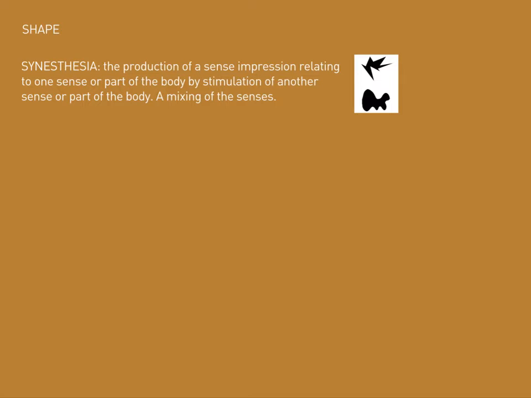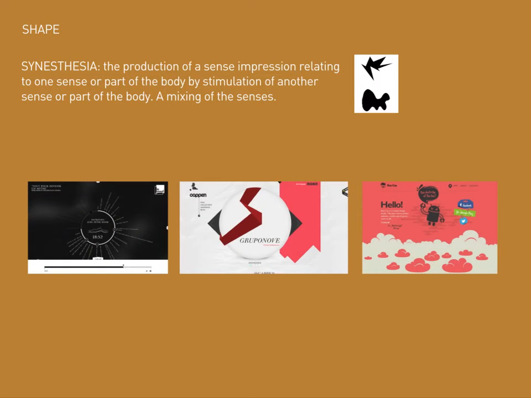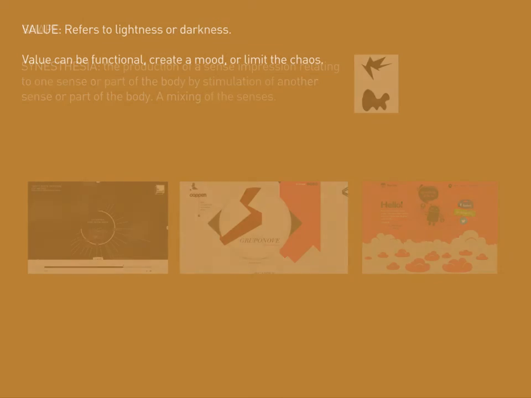That's because we all have a slight amount of synesthesia, which is this sort of crossing or mixing of the senses. So you can see these different websites and how they utilize shape to create a different sense of energy or emotion or a different meaning based on the particular client or brand.